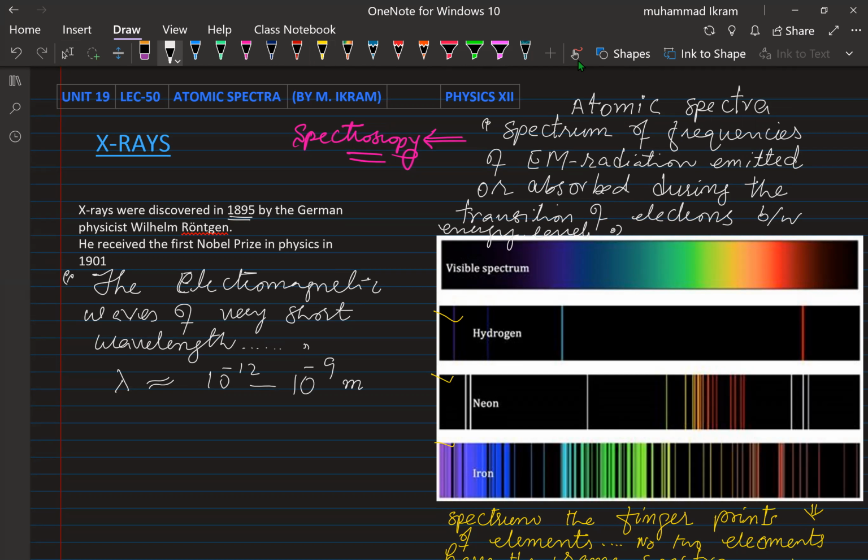And the energy of the X-rays is from 124 electron volt to 124 kilo electron volt. So they are different from ordinary light waves because their energies are within the range of electron volt, while the X-rays have energies within the range of kilo electron volt, right?